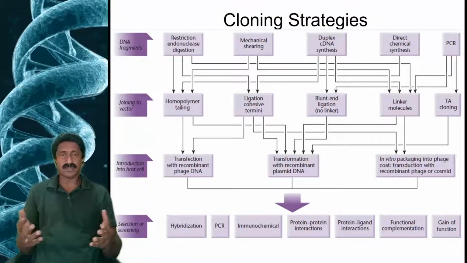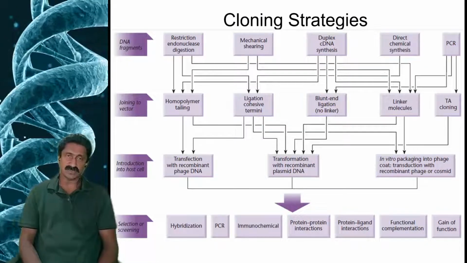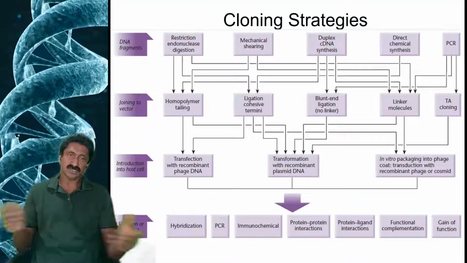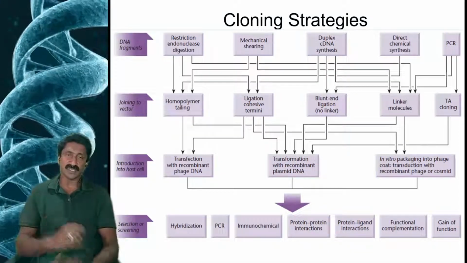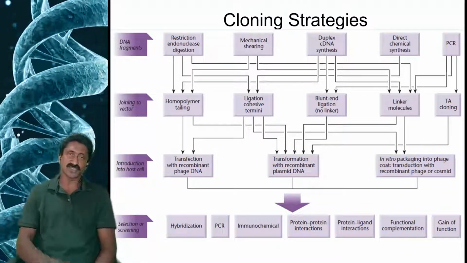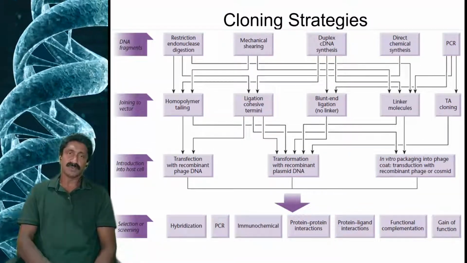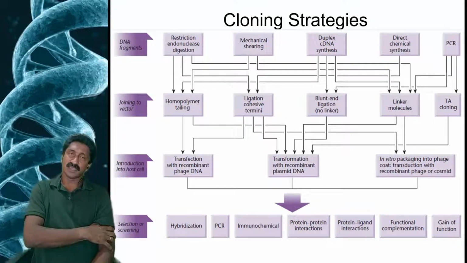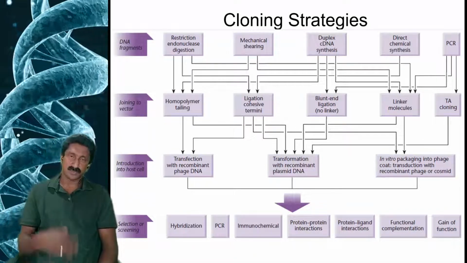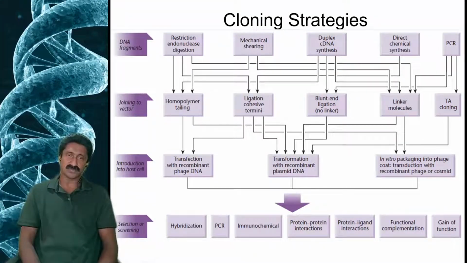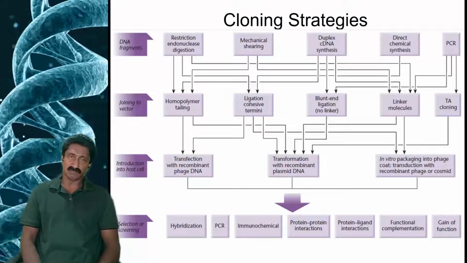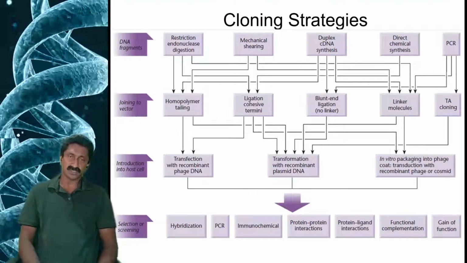Now, the next one is direct chemical synthesis. If you are cloning some specific DNA sequence or a specific gene of interest, then you can even synthesize thousands of base pairs of DNA by a chemical synthesis method. A DNA synthesizer machine can be used for direct chemical synthesis, and nowadays techniques like synthetic biology are developed based on that concept, where you only need to input into the machine the sequence of the construct that you want.